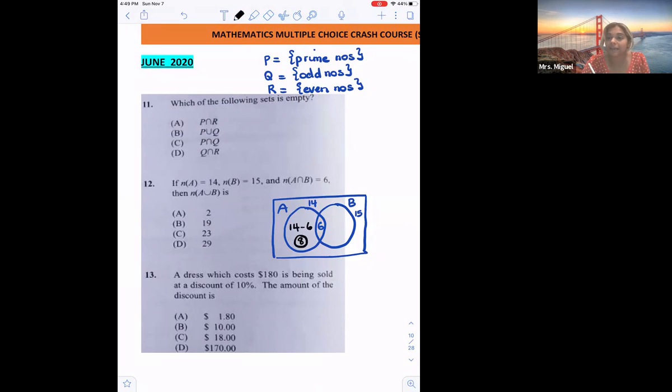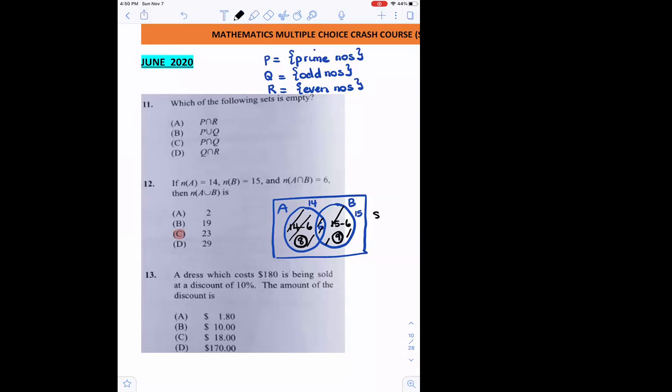Similarly, if the entire circle containing B represents 15 and the part in the middle represents 6, 15 minus 6 is 9. So A union B is everything in A and everything in B. So we will add 6 plus 8 plus 9 and we will get 23. Did you all get that?